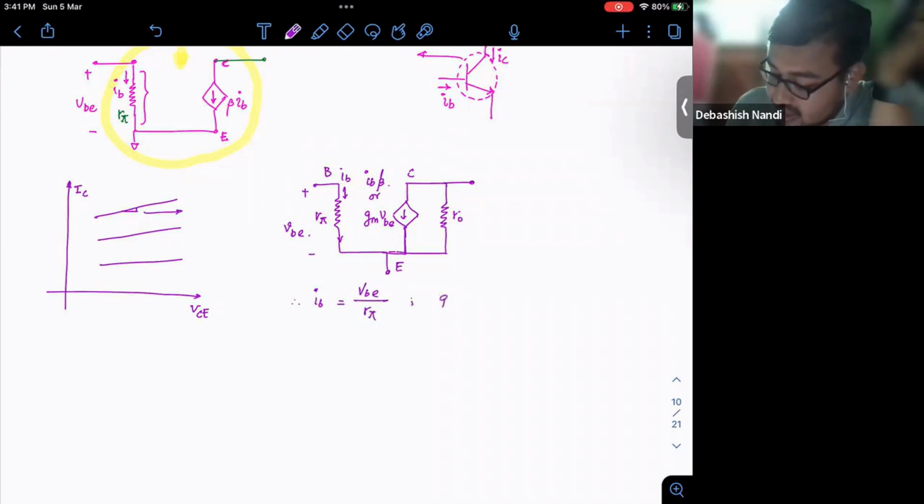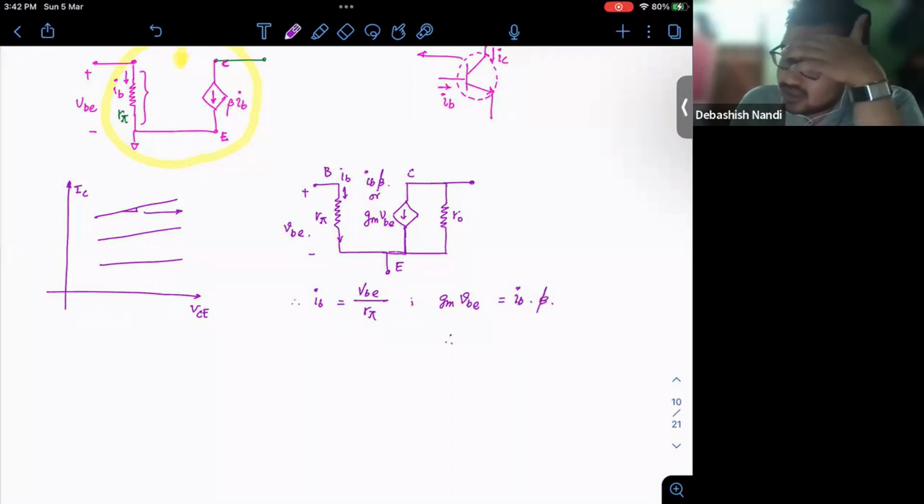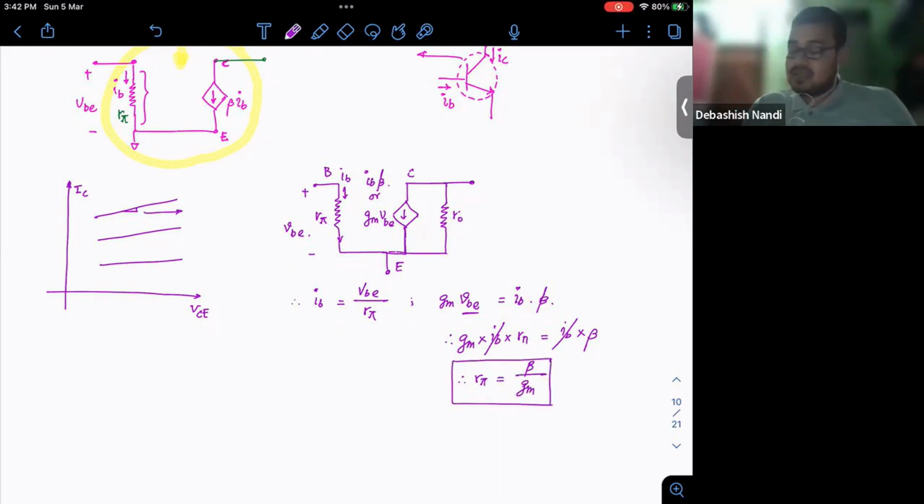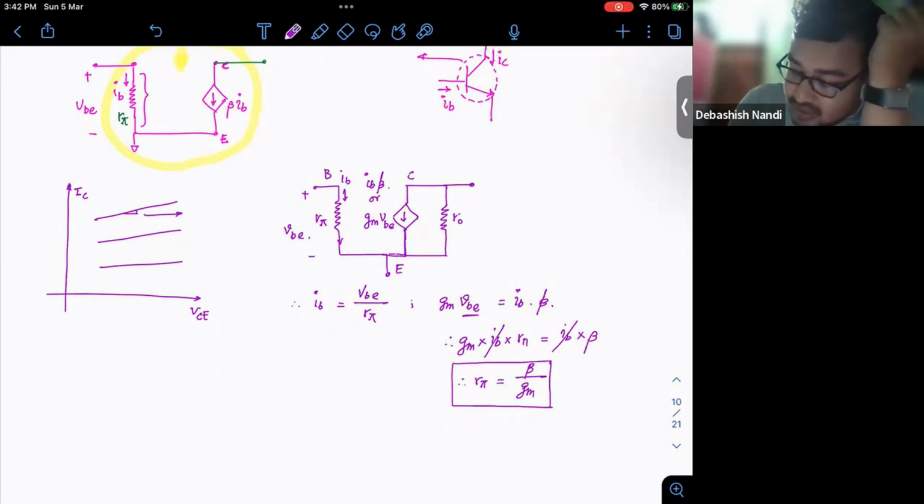And your GM-VBE is equal to this IB into beta. So if you substitute VBE here, GM into IB into R pi is equal to IB into beta. IB cancels, then your R pi becomes beta by GM. Okay, so I think you understood how this came about.